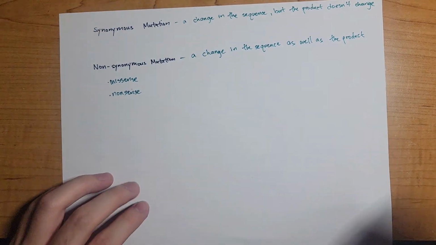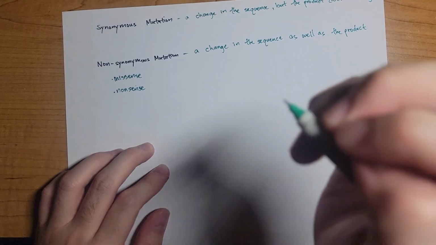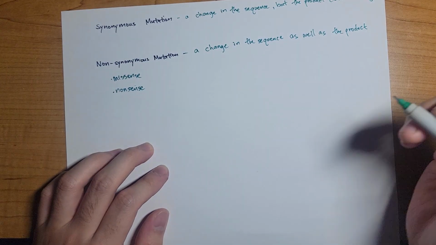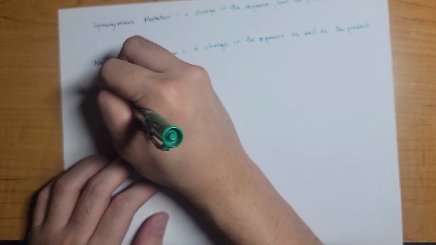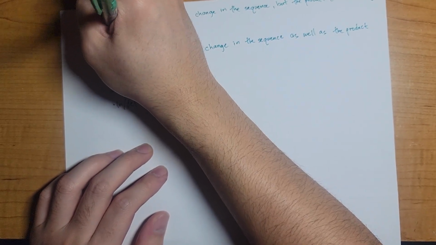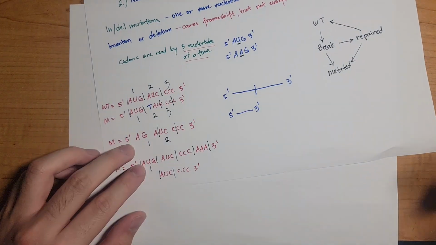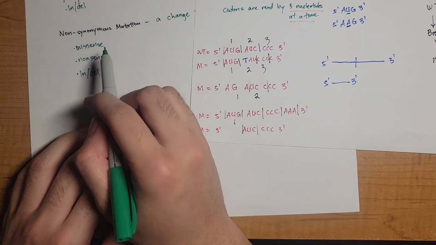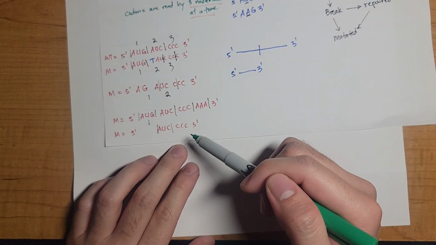Alright, indel. Now, indel mutations can be synonymous or non-synonymous. Why is that? If you remember from the example I gave you earlier, it could be a synonymous mutation if it didn't cause a frame shift.